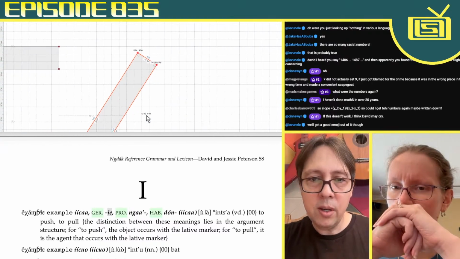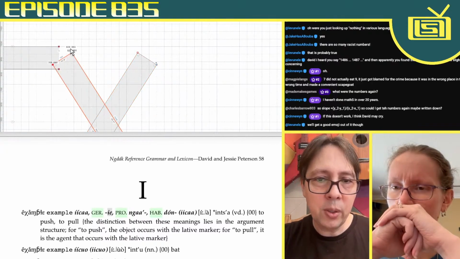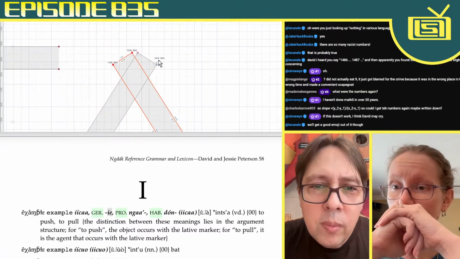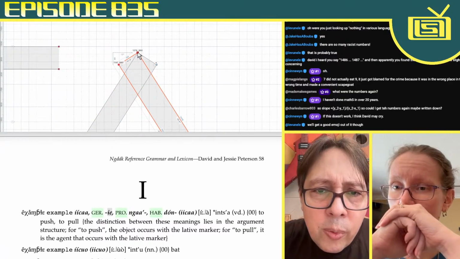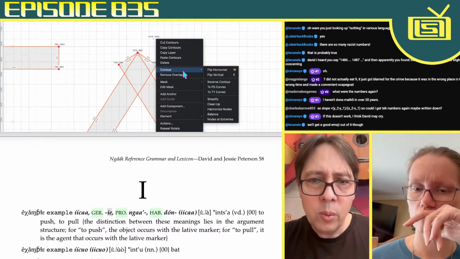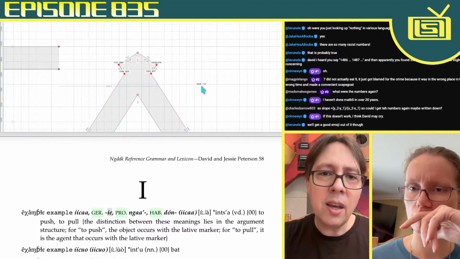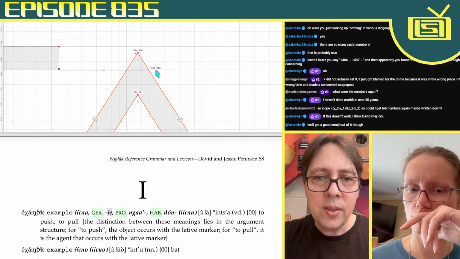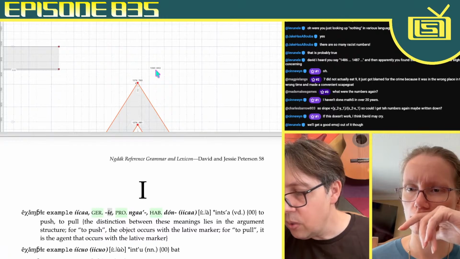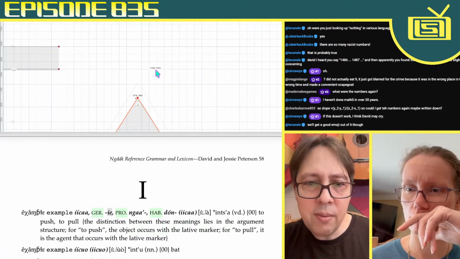This goes over here. Copy, paste, E to flip it around. It's going to line those things up right there. Remove overlap, delete the excess nodes, put this thing down at 375, 589.